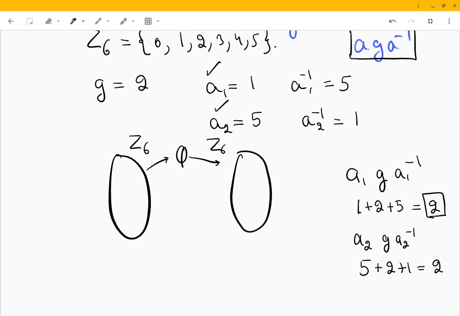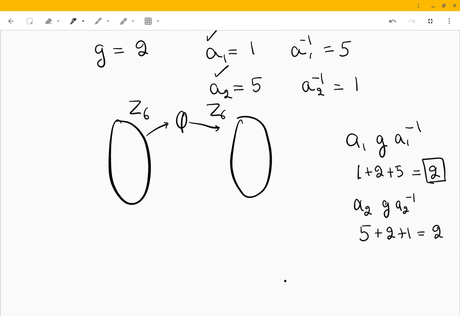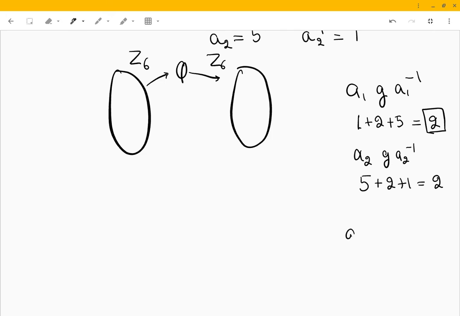In an abelian group, every element is the conjugate of itself. And this is because to find conjugates, we do this G H G inverse. And if the group is abelian, then they can switch positions and it will annihilate, it will turn into identity, and we'll be left with H. Okay.